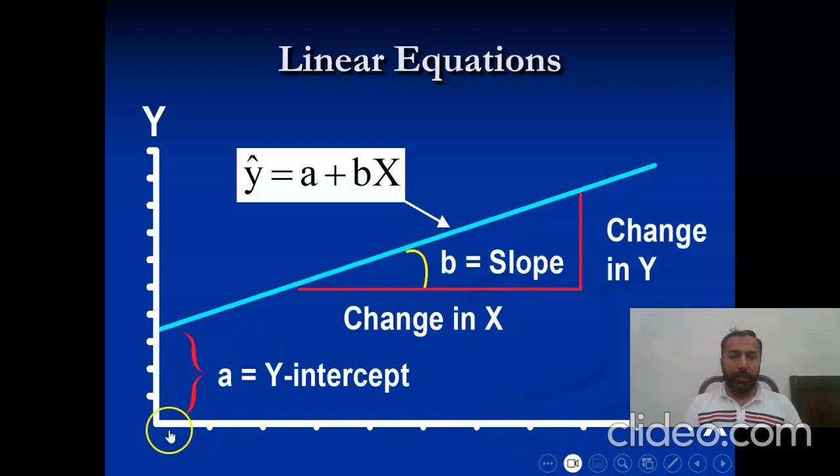While if x is equal to 0, then this is the minimum value of the dependent variable, and this is known as the intercept or constant, which is denoted by a in this equation, but many times it is denoted by beta naught as well.